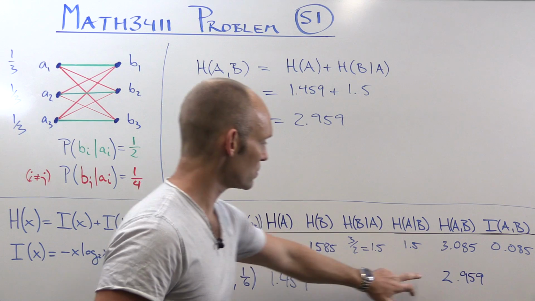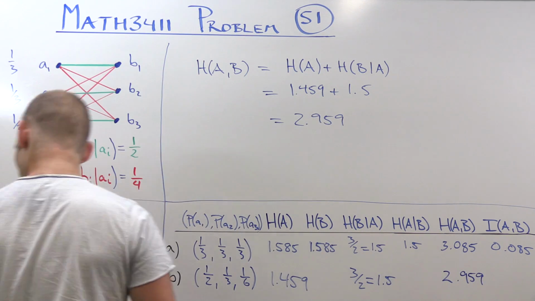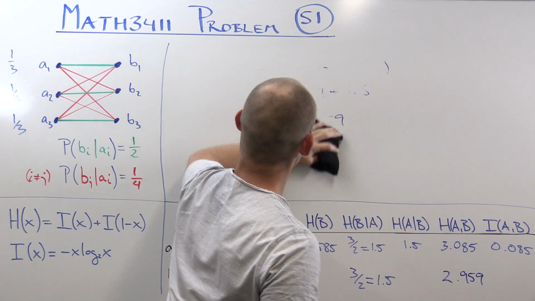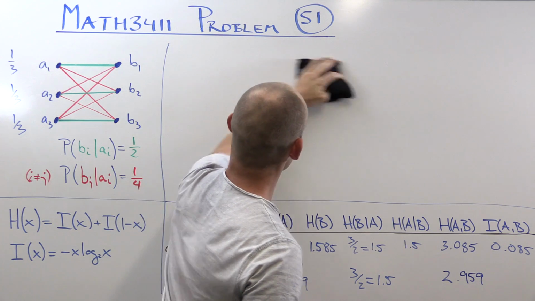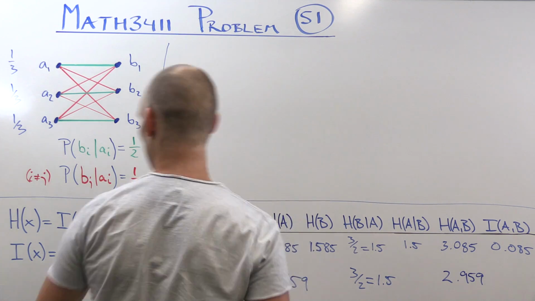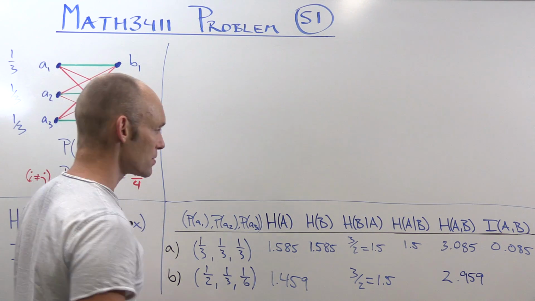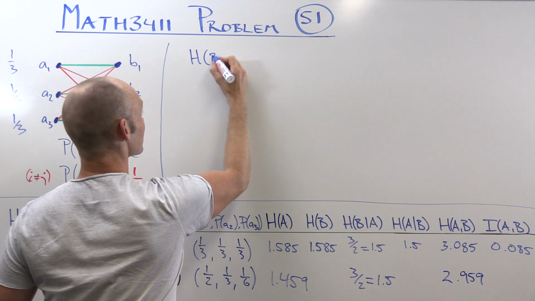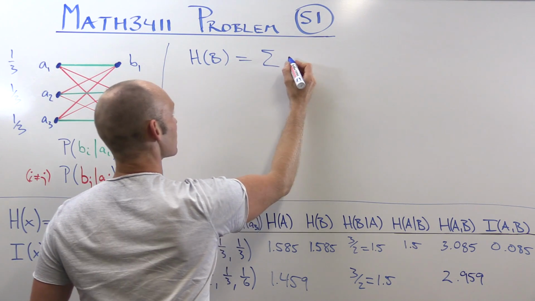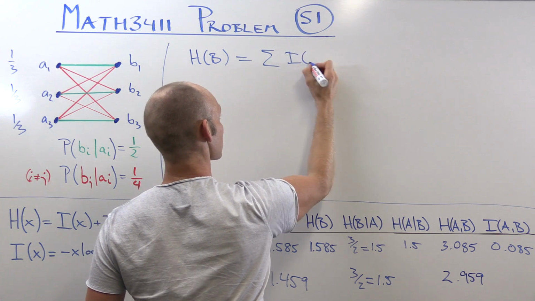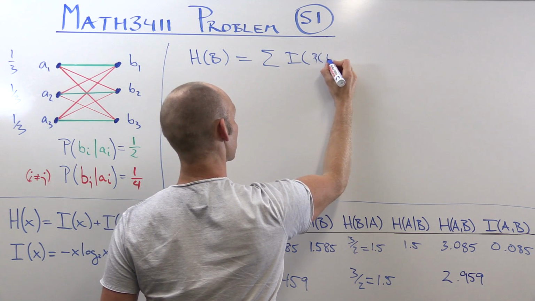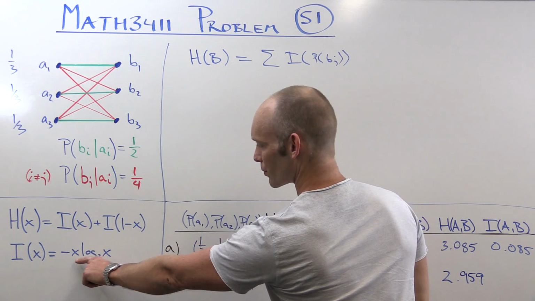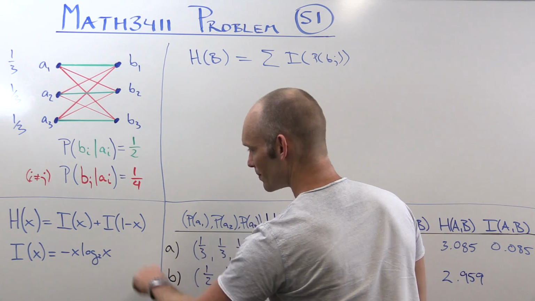To find the remaining positions, we have to find the entropy of B. So let's do that. This time around we don't have exactly the same sort of symmetries that we could use in part A, but it's not too bad. So we need to find the entropy of B, and that's the sum of this information function, P of B_j, or in other words, the sum over the probabilities times their logarithm.